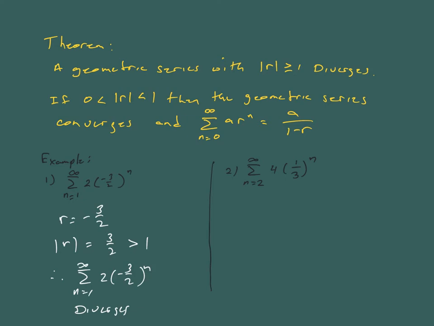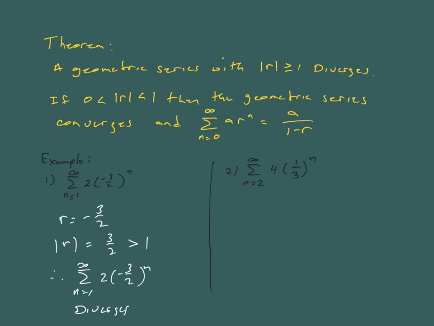The next thing to do is find out where it starts. Often what students do is just remember the form a times r to the n, and say that number goes here. No, it's not, because this one is starting at 2, not 0.